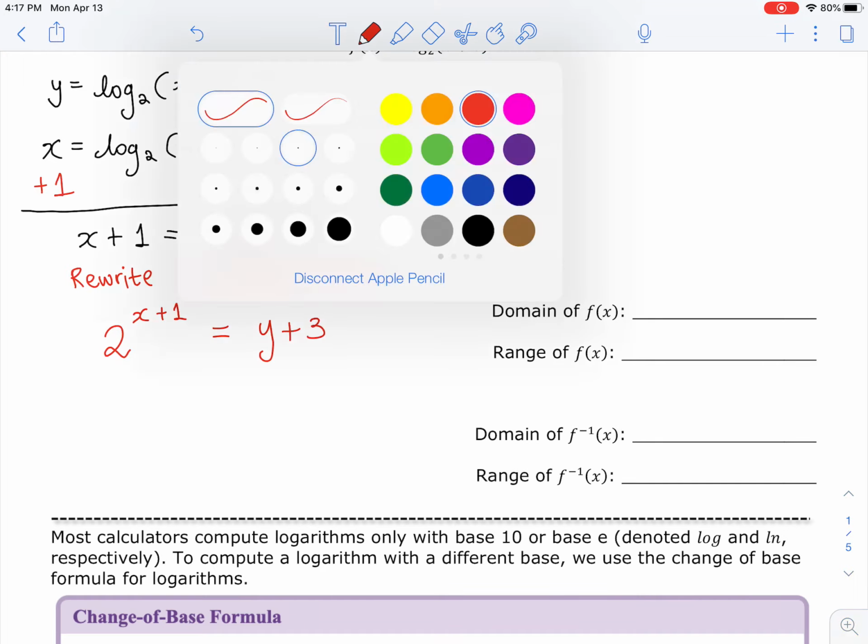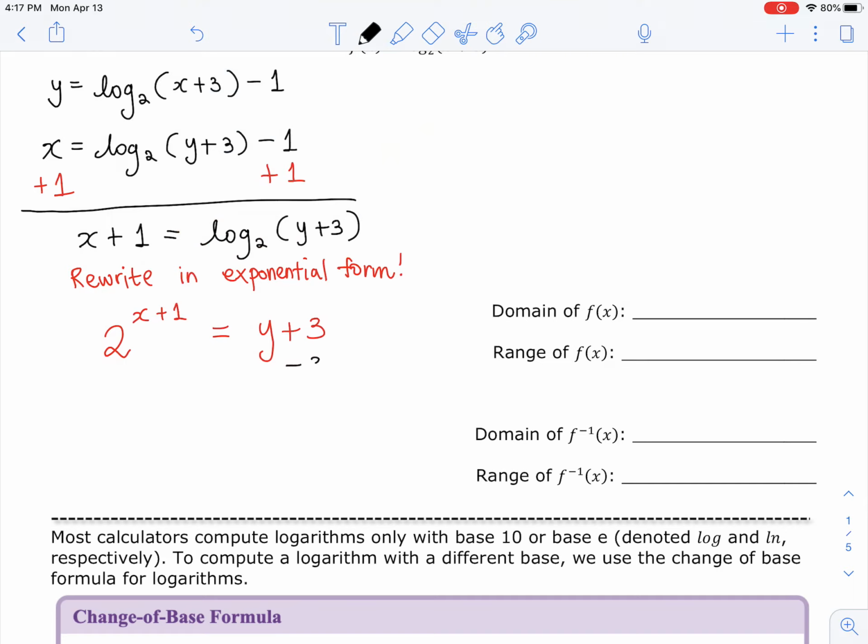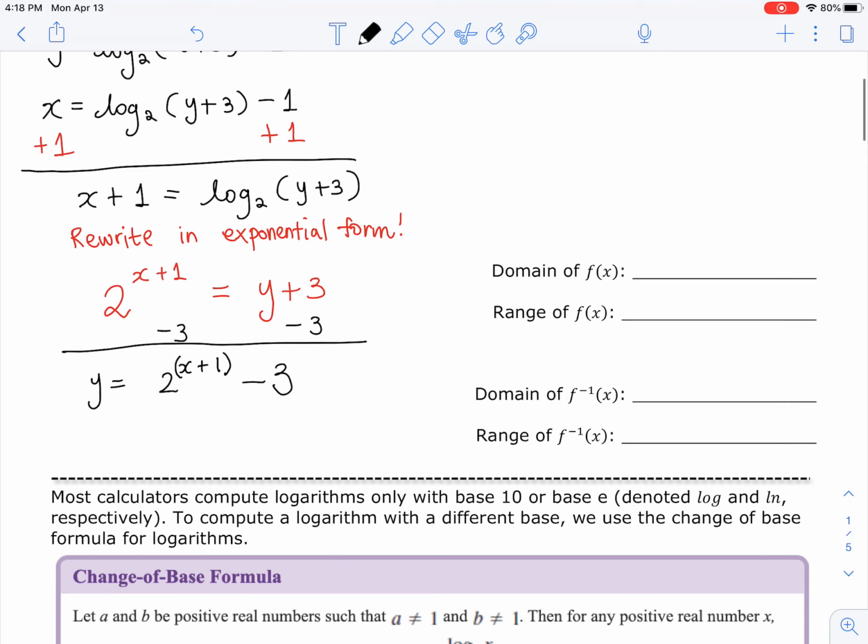But now we just have to solve for y. Subtract 3 from both sides, and let me switch the left and right side, so y equals 2 raised to the x plus 1, minus 3. Notice I'm subtracting 3 after, so the only exponent part, the power, is 2 raised to the x plus 1, but then write that minus 3 big.